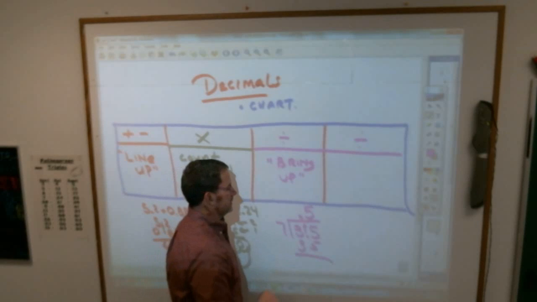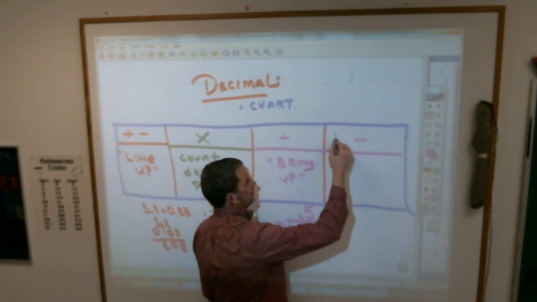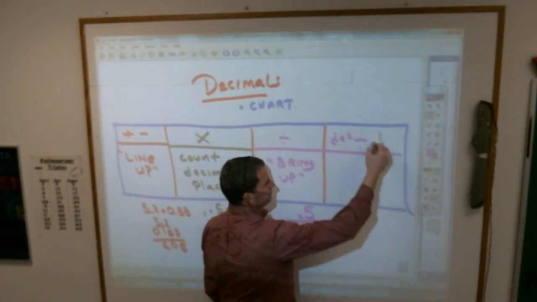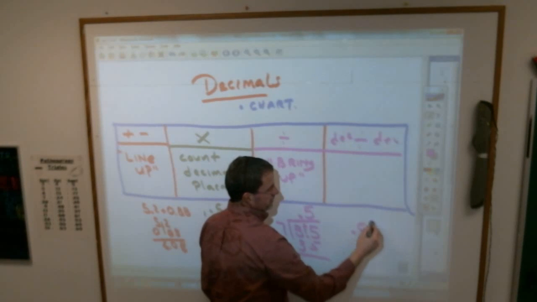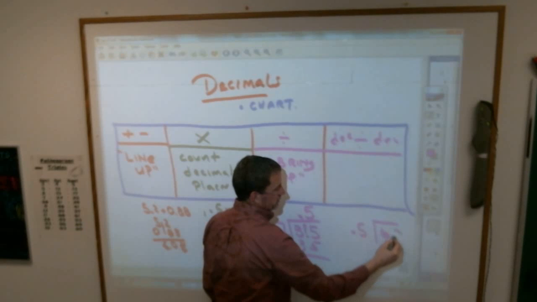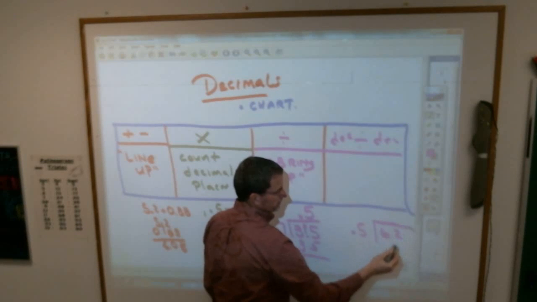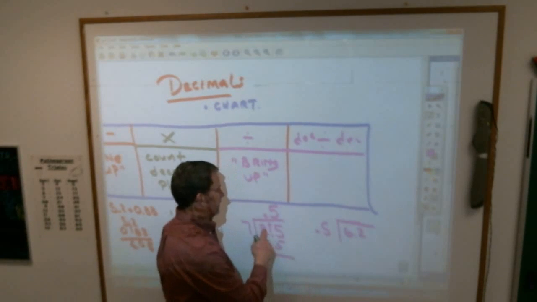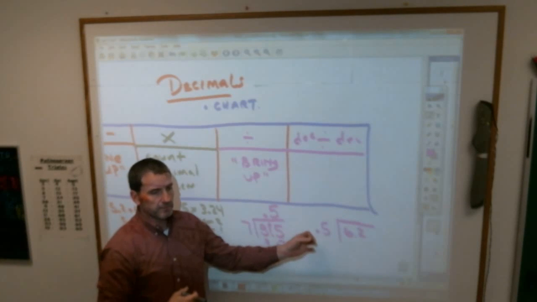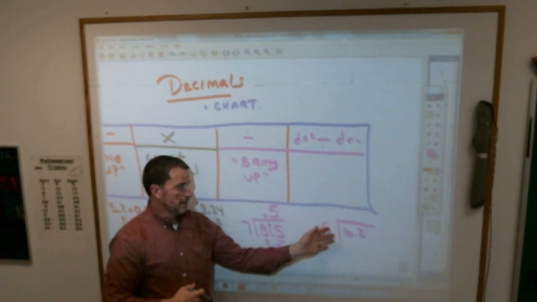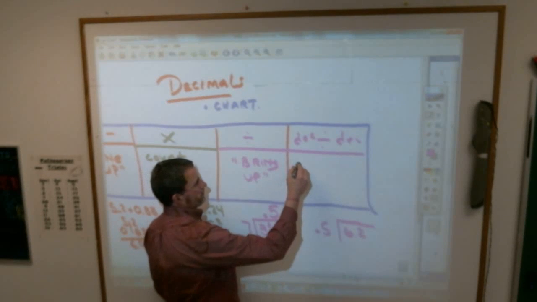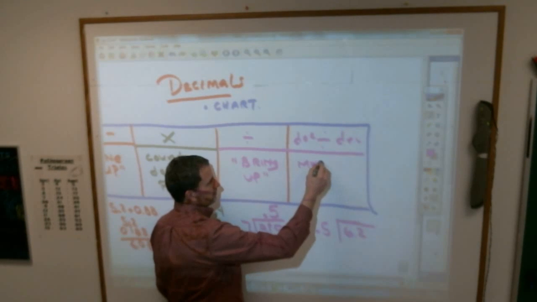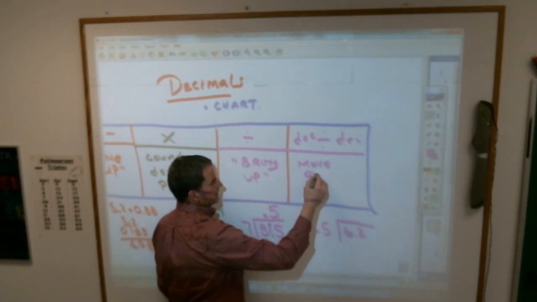What about when you divide a decimal by a decimal? What if I had 0.5 into 6.2? How are these two problems different? Move the decimal over, and then move it over that many times in the other. That's exactly it.